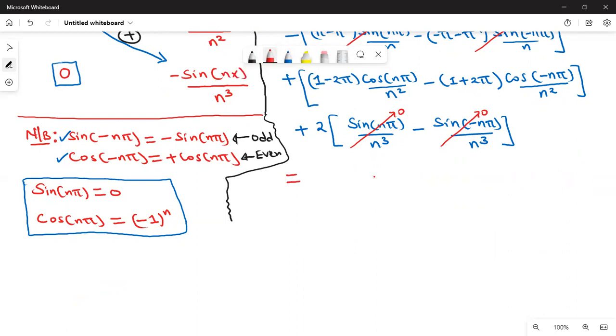Remember, cos n pi is the same as cosine of negative n pi, so that can be factored out. So cosine of n pi over n squared is common, so that in the first one we have 1 minus 2 pi, and then the other one is minus 1 plus 2 pi.